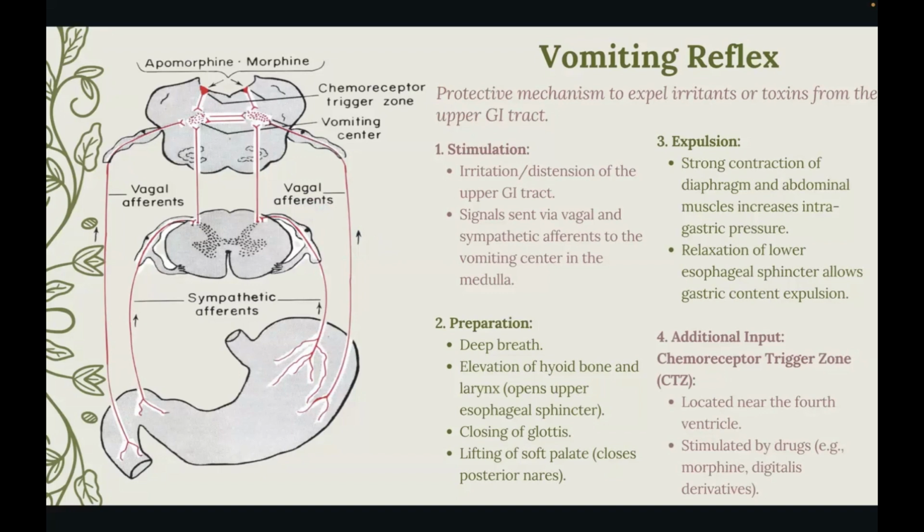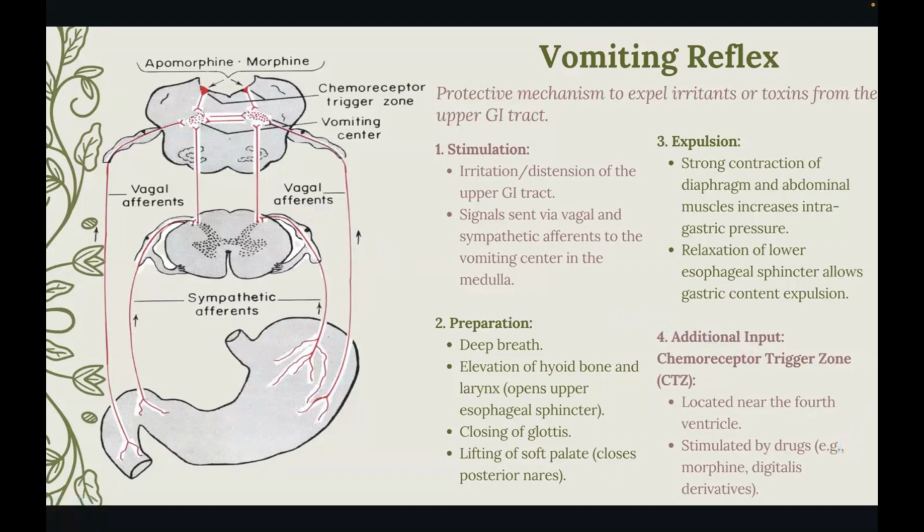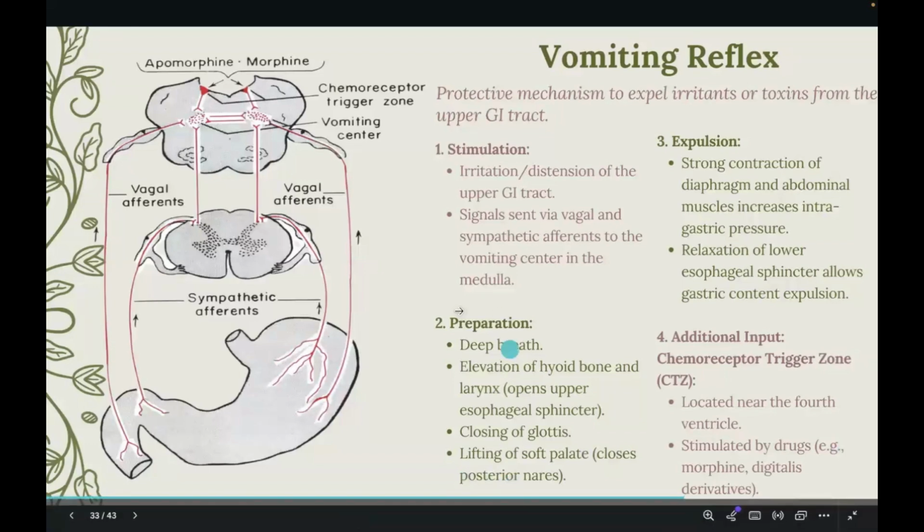Now you don't have to know the names of the drugs, but for the sake of completion, morphine is a very powerful analgesic. And digitalis derivatives are cardiac medications, used for arrhythmias, AFib, atrial fibrillation, and heart failure. But anyways, this is basically it for the vomiting reflex.